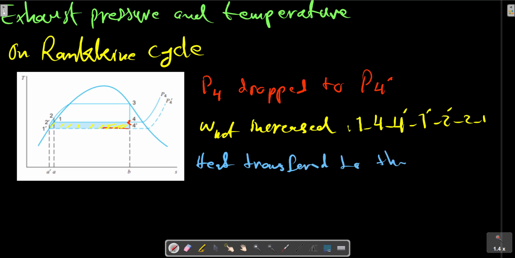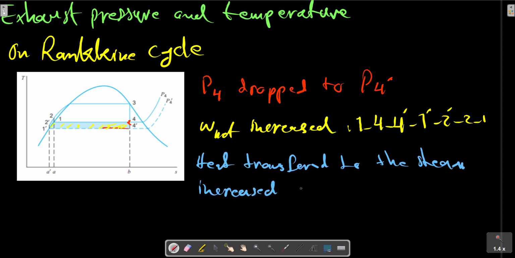One prime, 2 prime, 2, 1. This increases the area shaded in blue and now yellow.